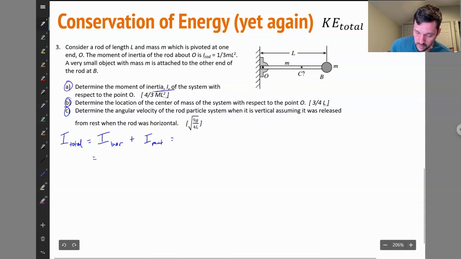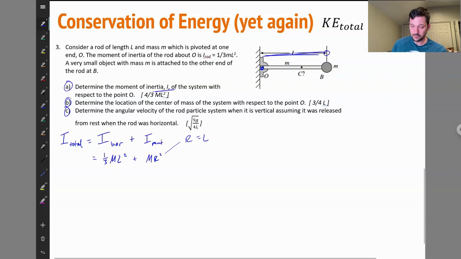So the moment of inertia of a bar, as rotated about its end, we already know, is 1/3 mL squared, plus the point mass's moment of inertia, which is just a point at a distance. That's just going to be mr squared, where in this case, r is the full length of the bar. So basically, r, its radius of movement around the axis point, is L away from the axis point.